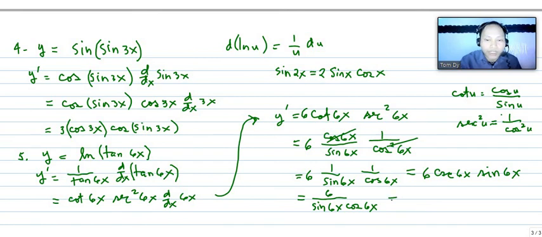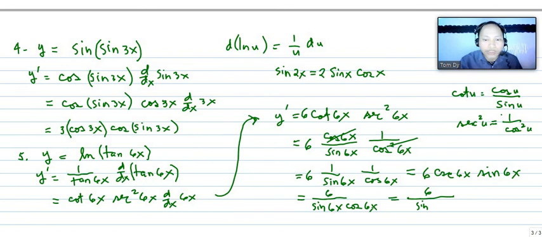This can be rewritten as 6 divided by, in this case, you will transfer 2 to the other side. Actually this is the double angle formula. We have sine 2x. If this is x, then you have here 2x.